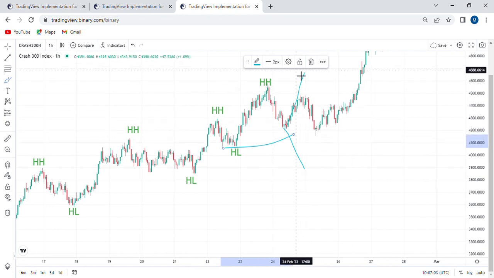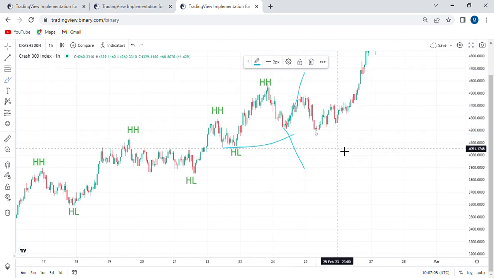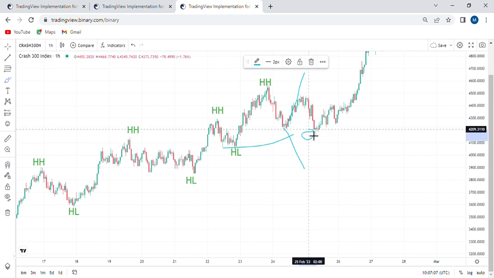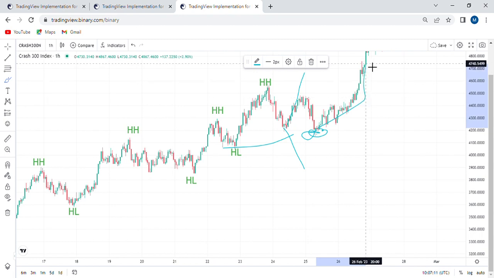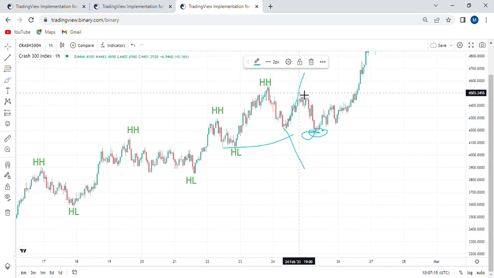So this is the last low price made before breaking out. Sorry, I'm not good with this drawing. That's the last low.